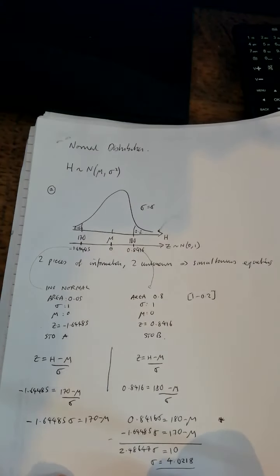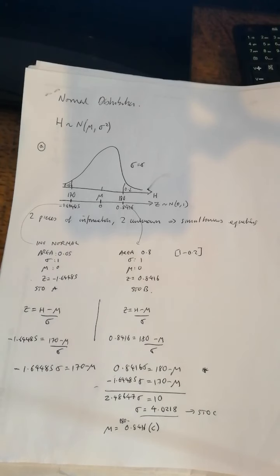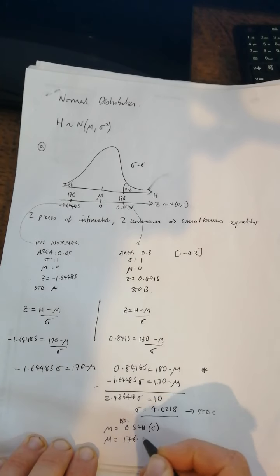So mu is 180 minus B times C, which gives mu equal to 176.615.